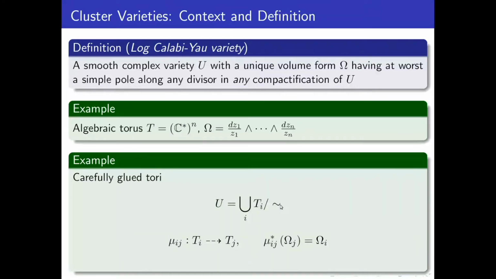So the pullback of omega on the torus Tj will give us omega i, the volume form on Ti. This very simple example is what we call a cluster variety. People who know about cluster varieties might object that more is asked for something to be called a cluster variety, but morally this is what I want to think of as a cluster variety here.